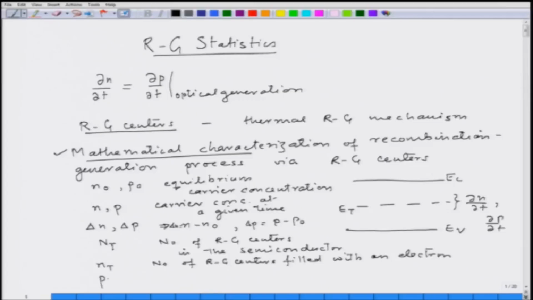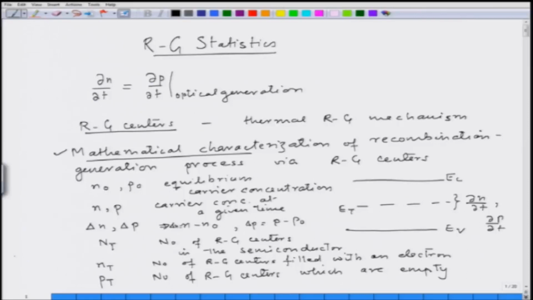And small p t is the number of RG centers which are empty, or you can say they are occupied by a hole.